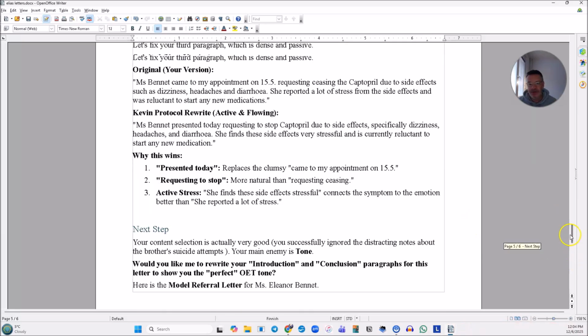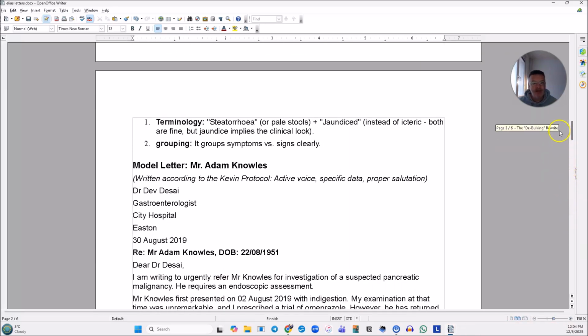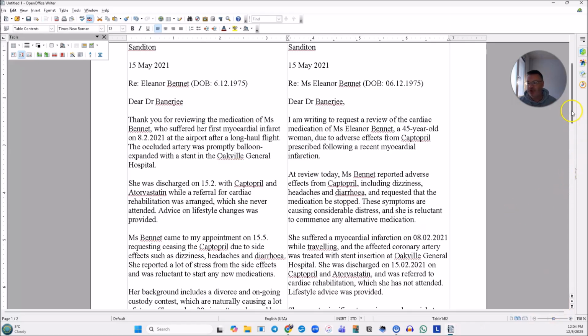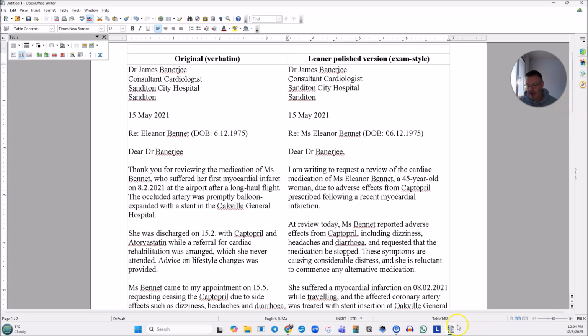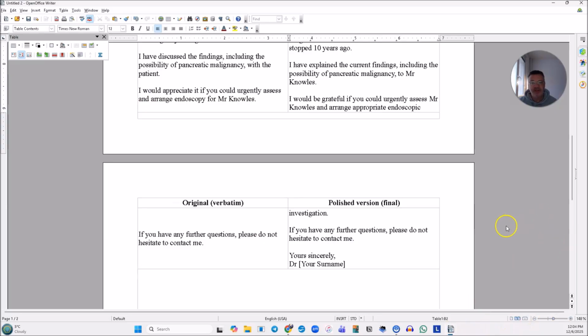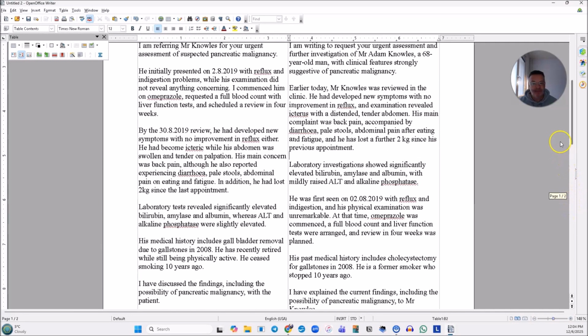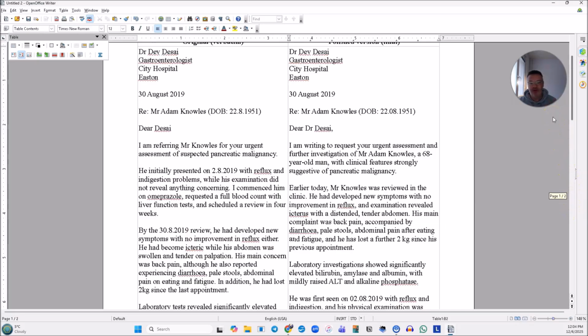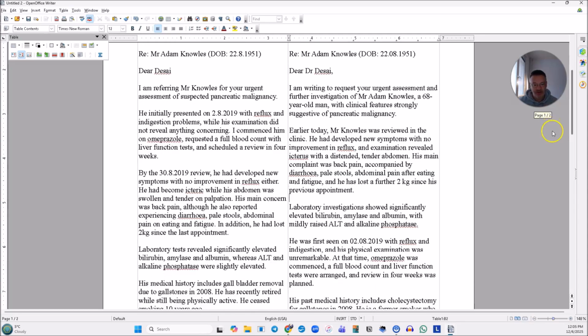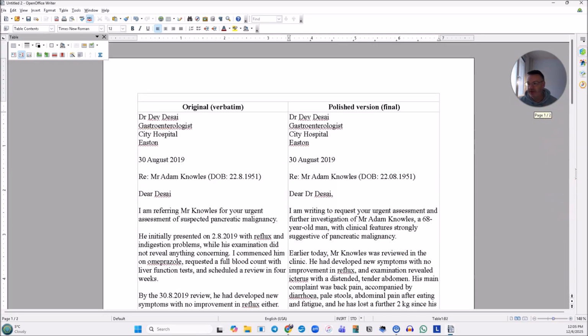And if we scroll up to the first one, again, you can see the Gemini version, my reworked version, and the original version. Okay, so you've got the Gemini version, original, and my chat assisted version. I hope that gives you some ideas.